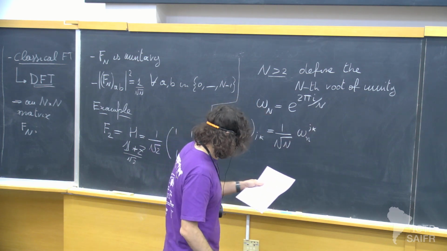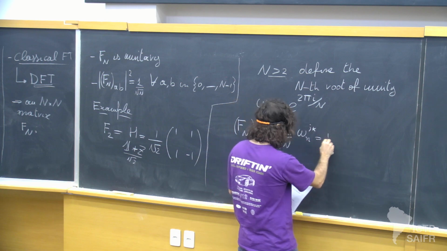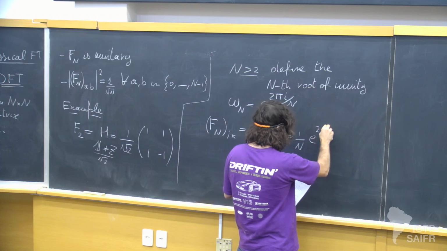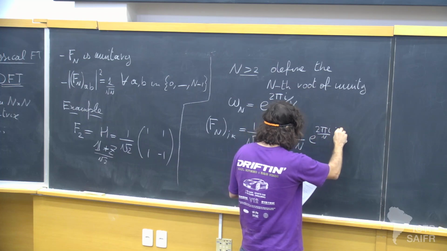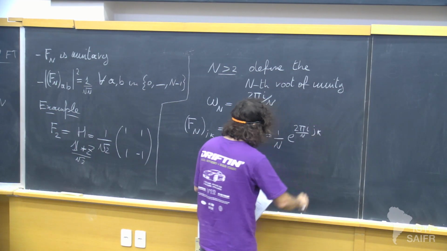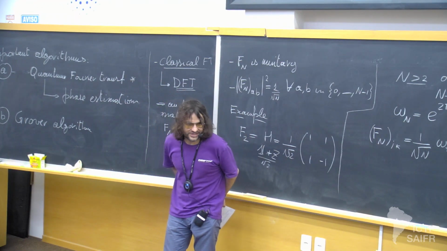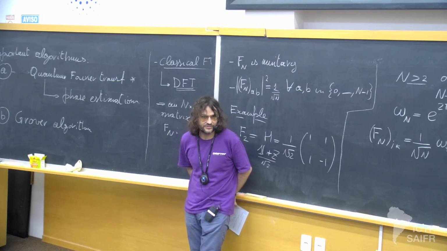So more explicitly, this becomes 1 over square root of n e to the 2 pi i over n jk. Here you start to see the formula that we are used to when we do the continuous Fourier transform, right?